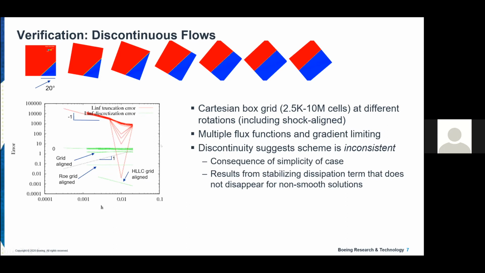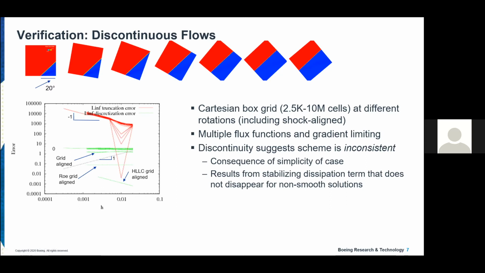Looking at the convergence, you'll see that most of the L infinity norms actually diverge. And this is for HLLE, HLLC, and Roe scheme, all schemes that we use on a very regular basis. And even the discretization error ends up showing, in general, that it's 0th order accurate.